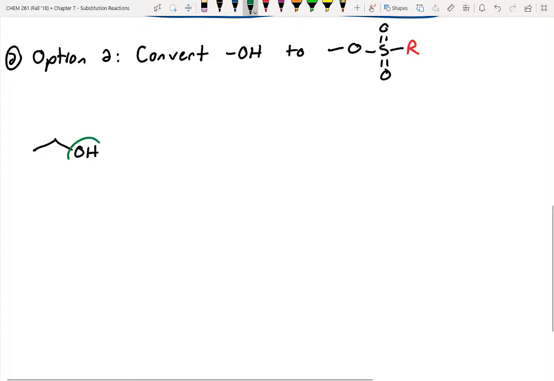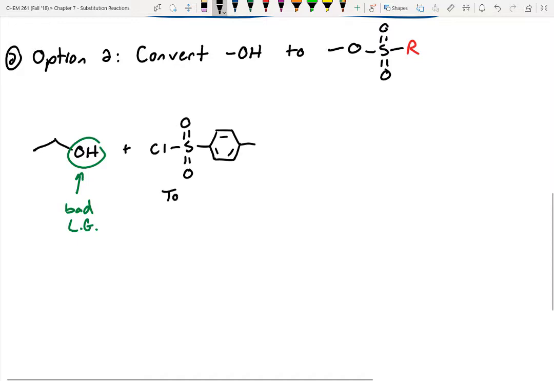Like we said, alcohols are bad leaving groups. So what we're going to do is we're going to react this with a special reagent. This is called Tosyl Chloride.